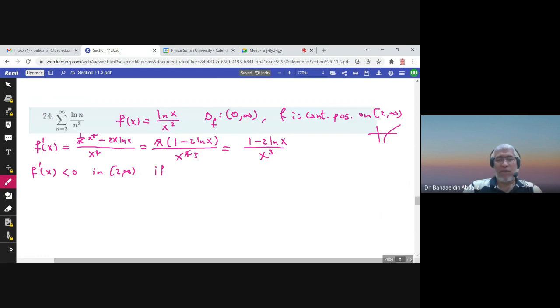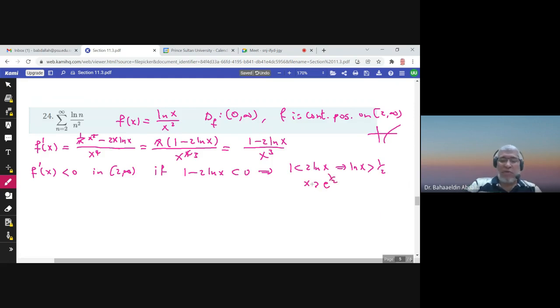Maybe it's not the same interval, but I'm telling you that we are searching from 2 to infinity. If 1 minus 2 ln x is negative in this interval, then f prime would be negative. And this means that 1 is less than 2 ln x, or ln x is greater than 1 over 2. So x is greater than e to the power half.